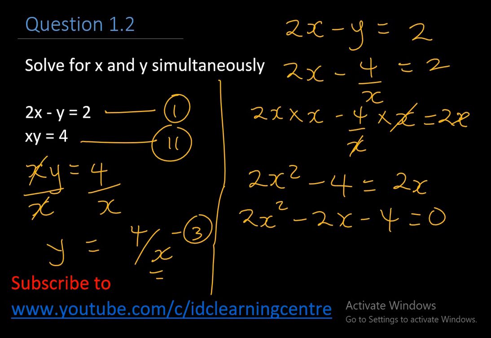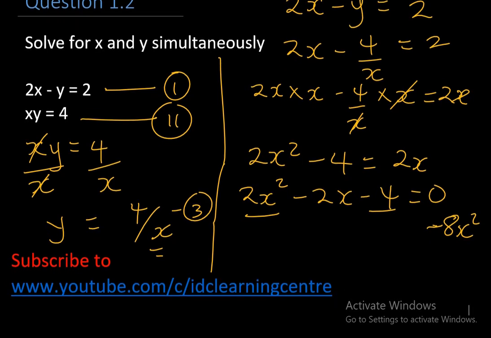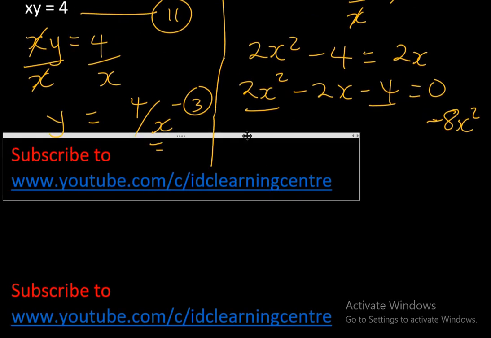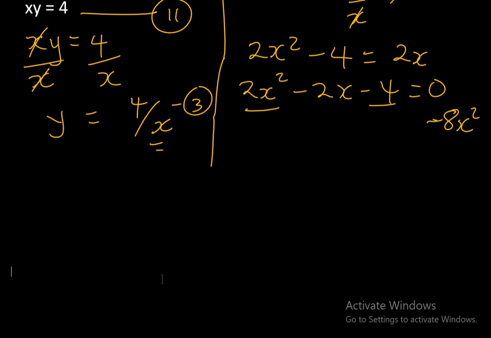Alright, let's just factorize. 2x squared times minus 4 will give me minus 8x squared. Let's think of the factors of minus 8x squared that we can sum up to get minus 2x and multiply to get minus 8x squared.